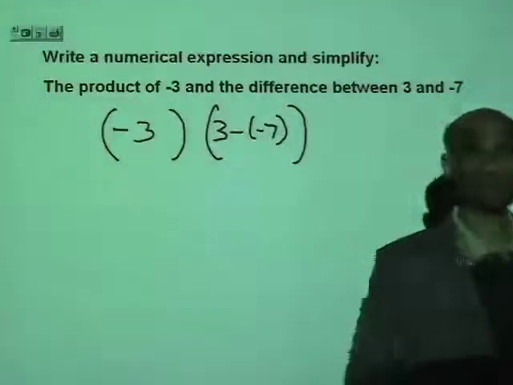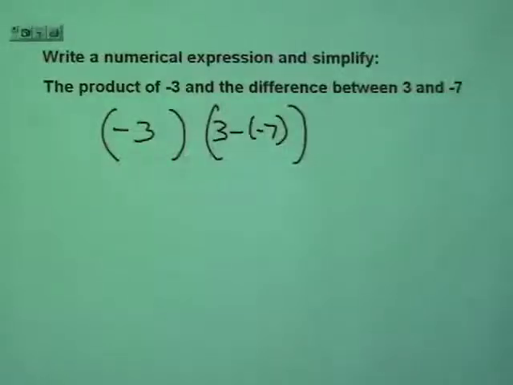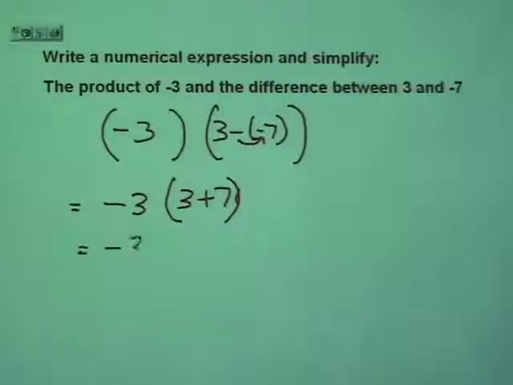Let's complete this before I pull down my steps. Now that will be -3 times, what is 3 minus -7? Double negative becomes 3 plus 7. Well, and that will be -3 times 3 plus 7 is actually 10.